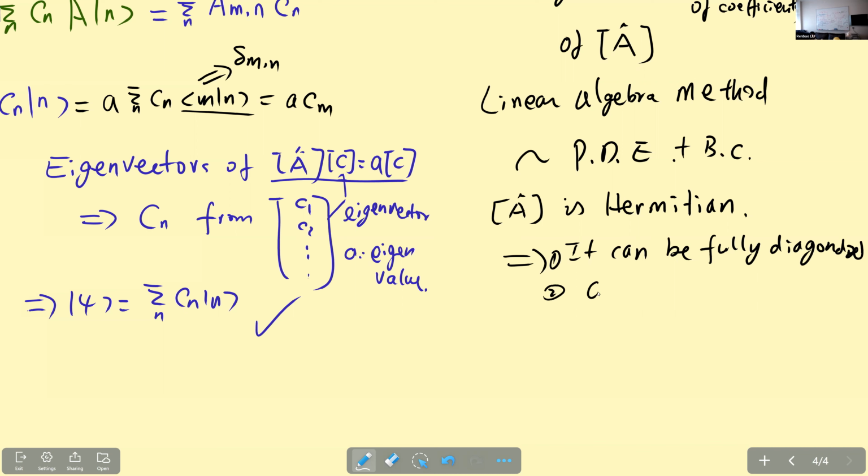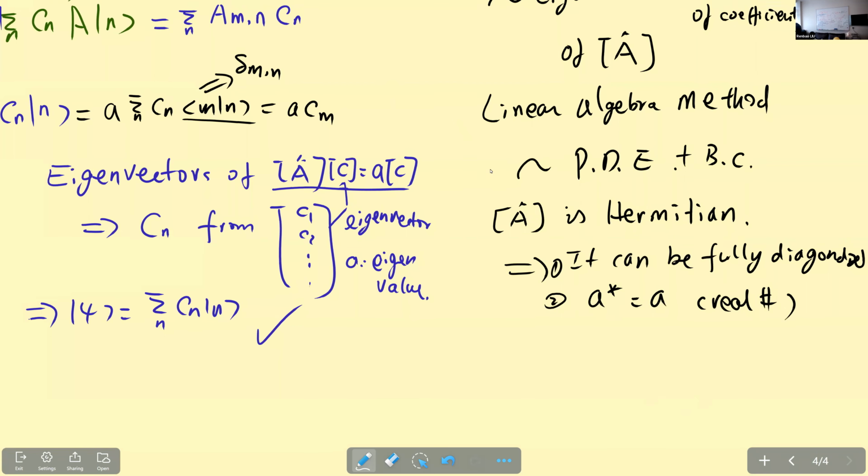Secondly, A complex conjugate equals A, so it's a real number. So all the eigenvalues of this Hermitian operator must be real values. This is very easy to see from linear algebra, but it's not that transparent if you use the PDE method.